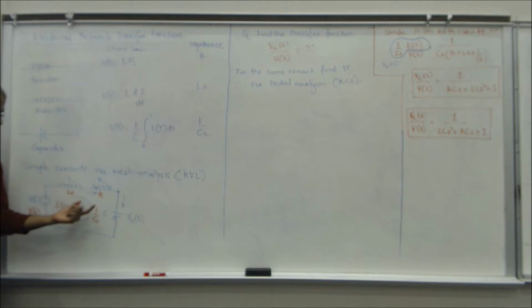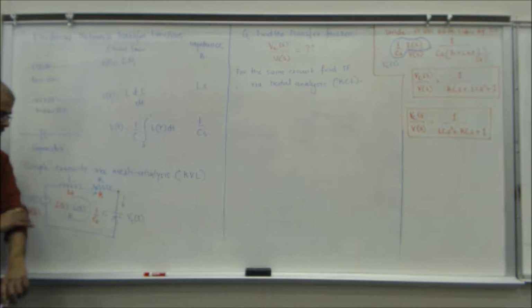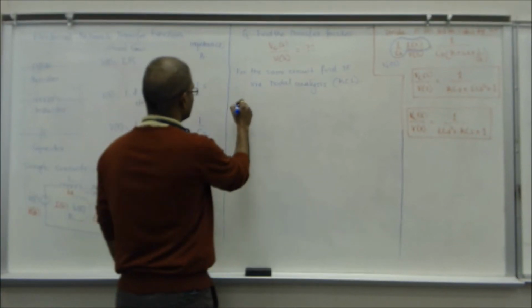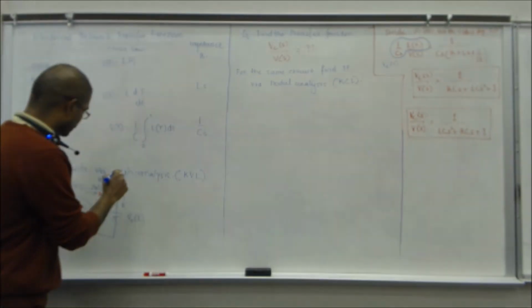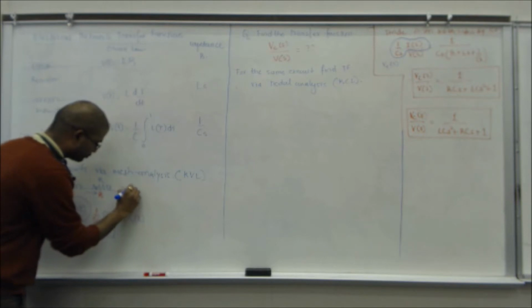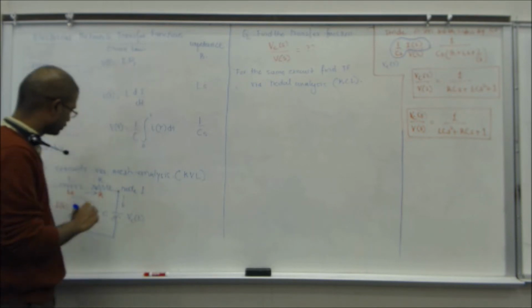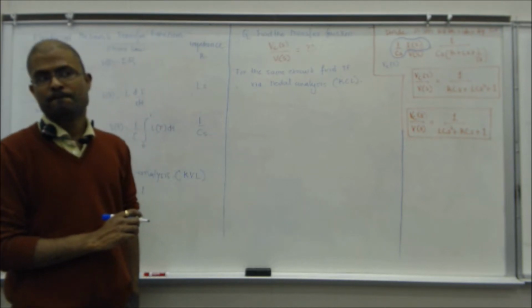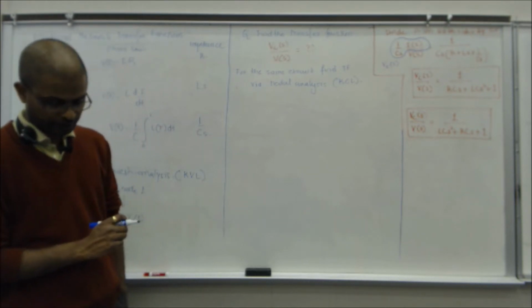That's the reason you have to pick a node which will involve both the input and the output. Okay, so you have this node. Let's call this node 1. So a node between the input and the output. Something like that.